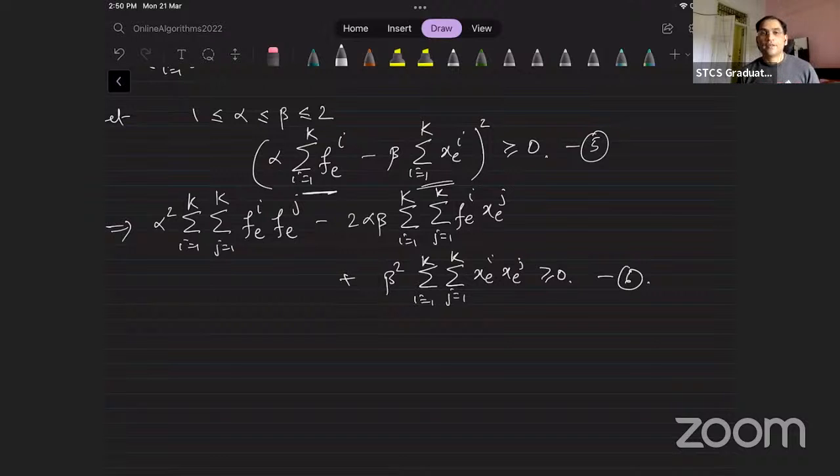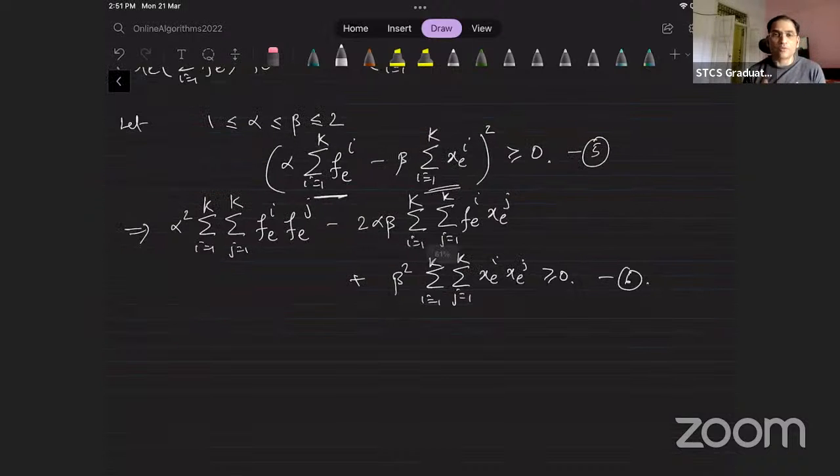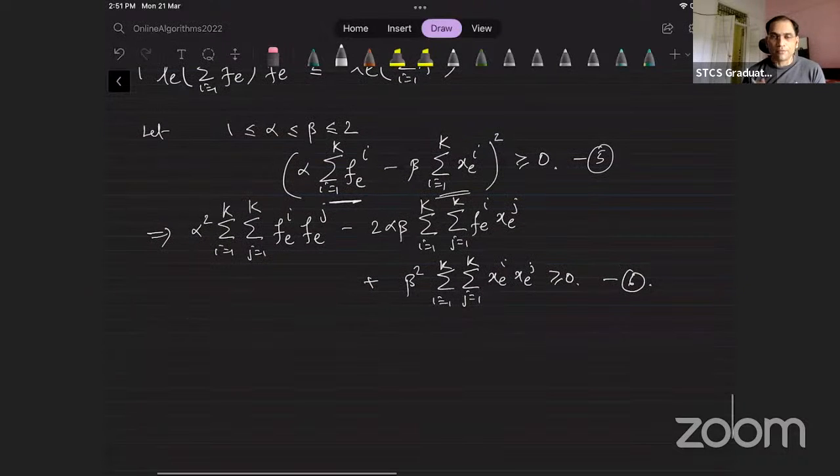See, for each edge, the latency function is the same. So if I can compare the amount of flow my algorithm is putting on top of it compared to any other flow, I should be able to compare them. Now directly I can't do it, so I will evaluate that with some quantity alpha and beta. It will be clear, but essentially what will happen is we will make a choice for alpha and beta to claim our bound. So this is a very generic recipe if you want to compare your algorithm with respect to any other algorithm.